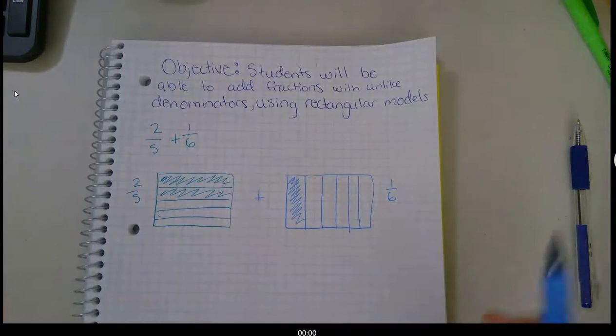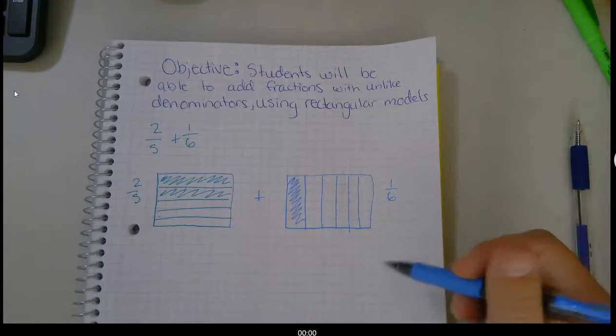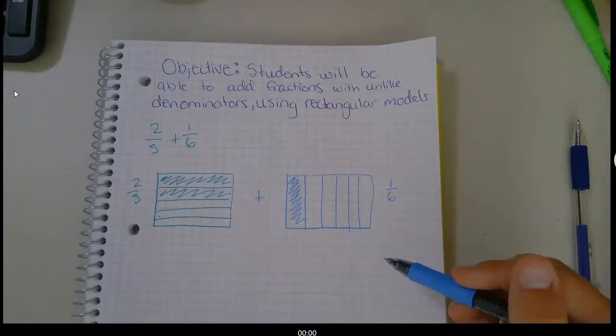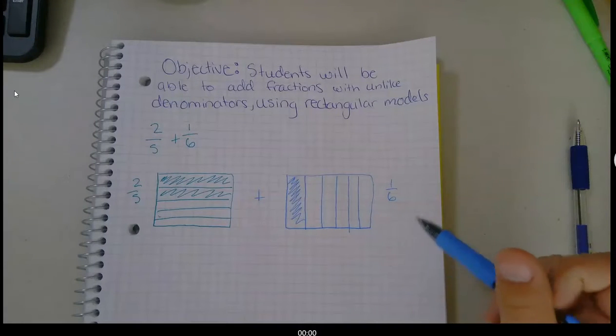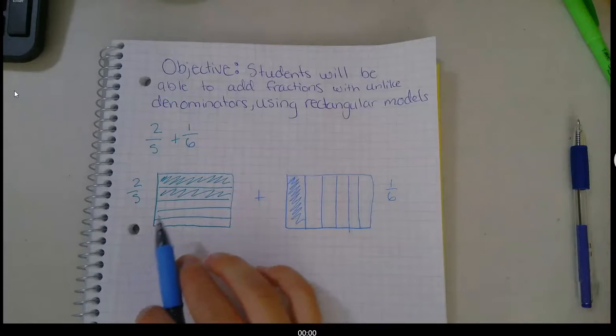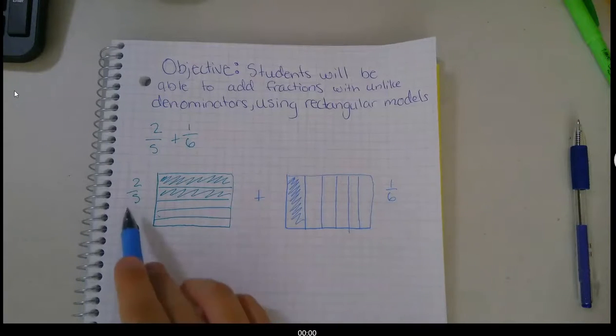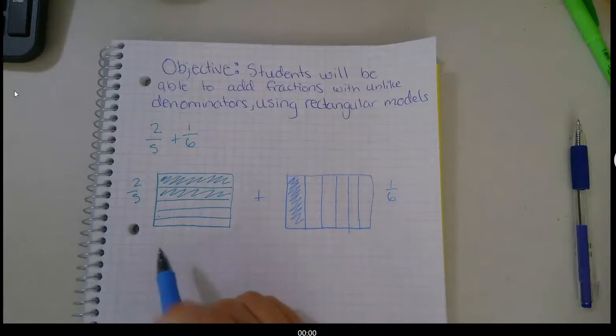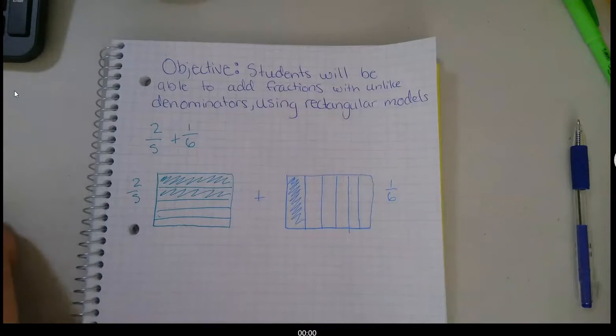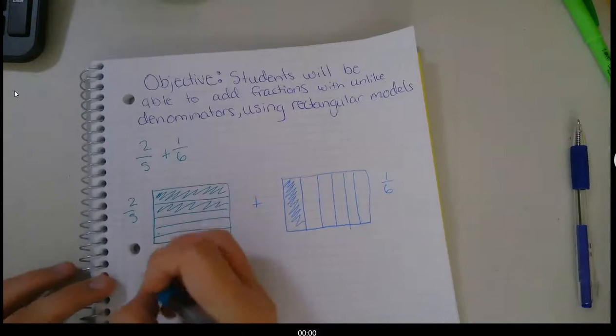Now, to be able to add these unlike fractions, we're going to convert them into common denominators. And since we know that 5 and 6 have a common denominator of 30, we're going to have to create 30 different sections in the rectangular model.